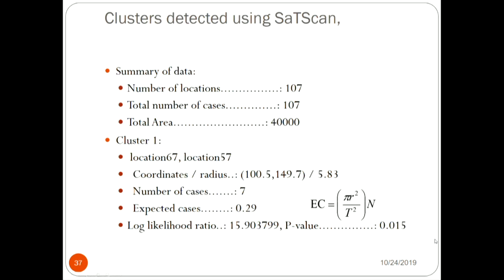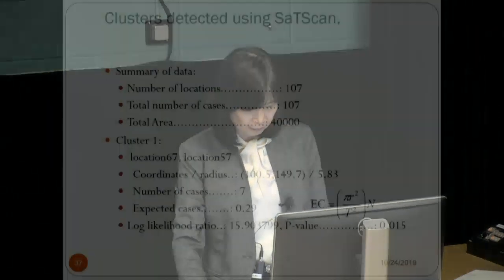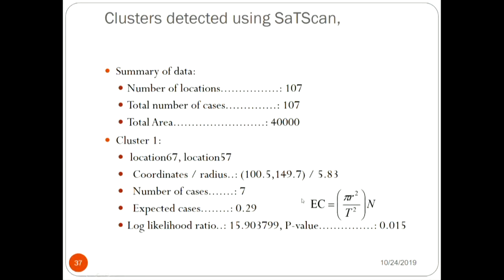Now I can also use SaTScan, using the continuous Poisson data, to find the test statistic here. We found that instead of 10 cases, there are 7, because there are two different approaches for the variable window scan statistic.